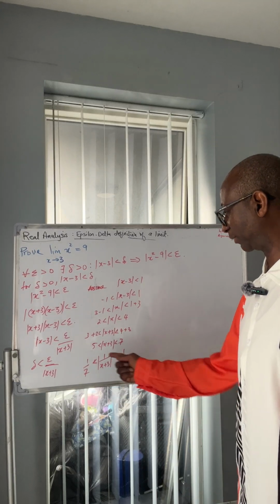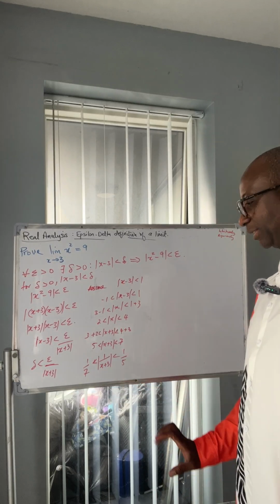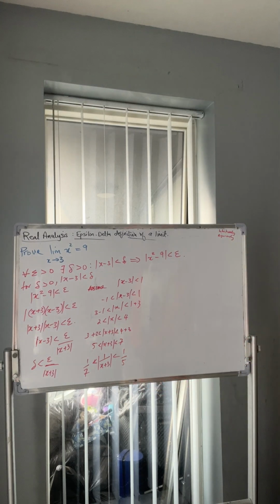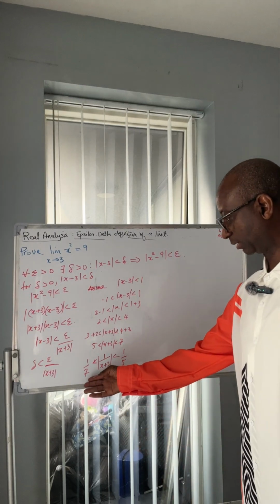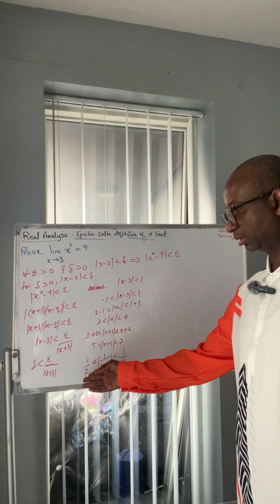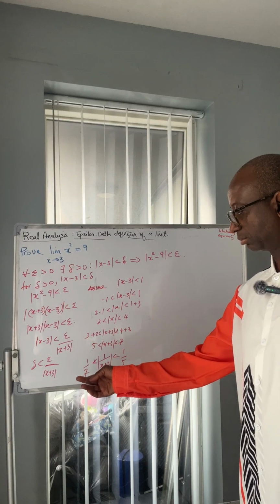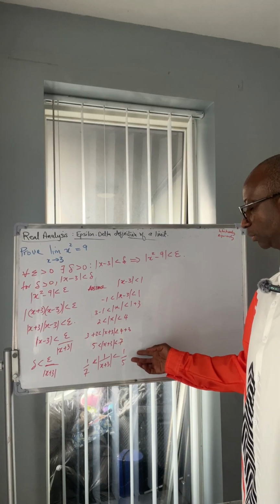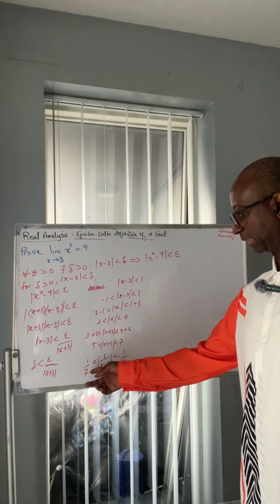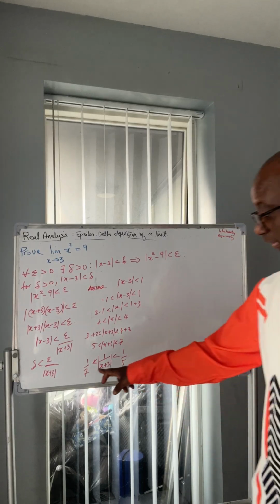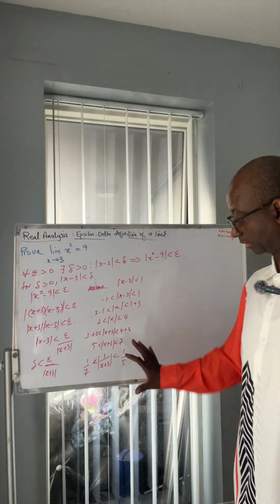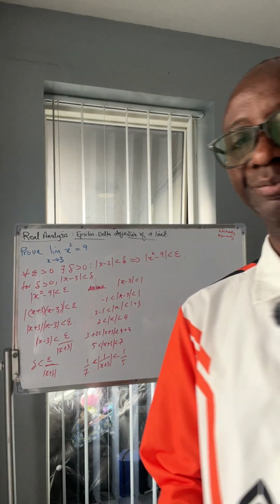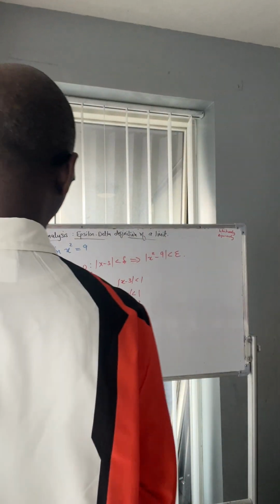So you cannot have still 5 here and 7 here, because the fraction has changed everything. You know, 1 all over 7 is 0 point something, this is less than 0.2. So this is bigger than this. That's why it changes. I hope you understand that.